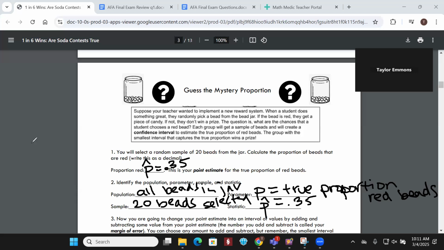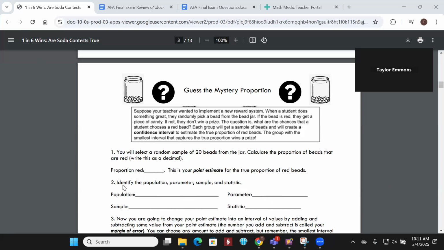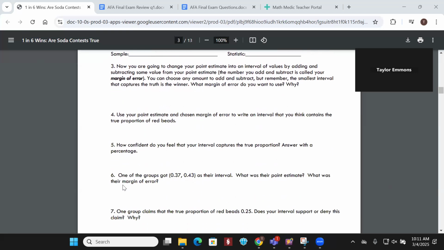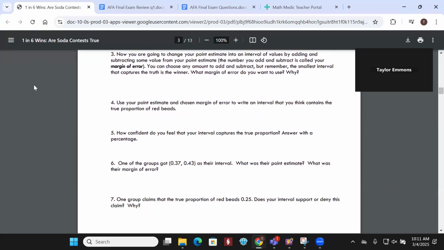You're going to put plus or minus 0.1, because that's only about 2 more or less red beads.